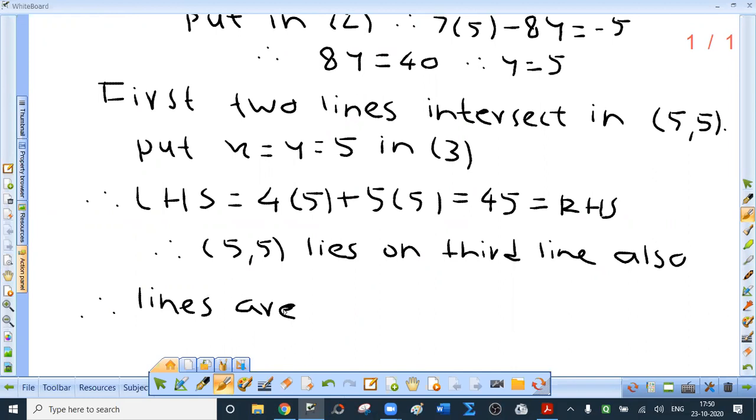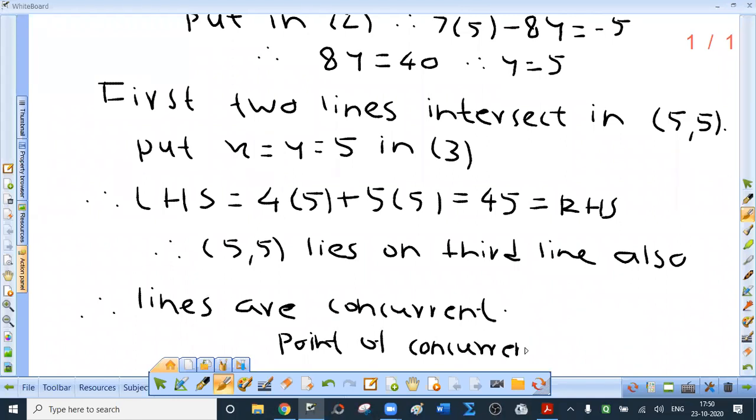What is the point of concurrence? 5, 5. Lines are concurrent. Point of concurrence is 5, 5. Right now, this is the first method.